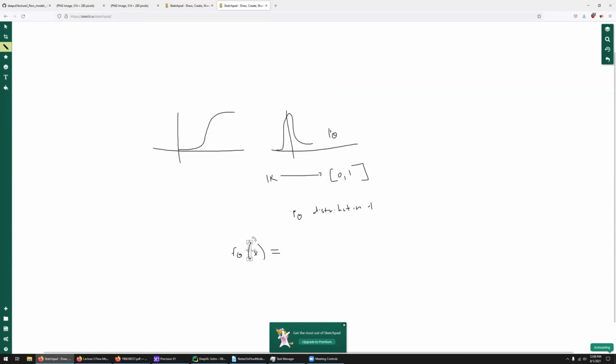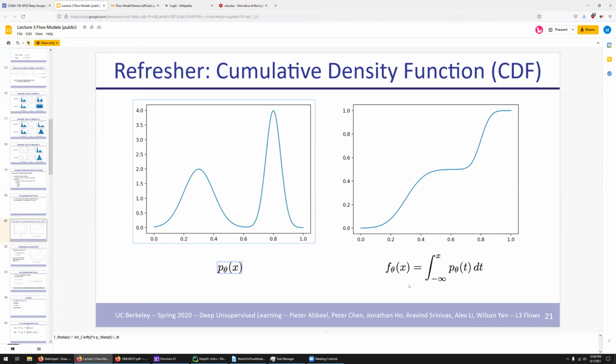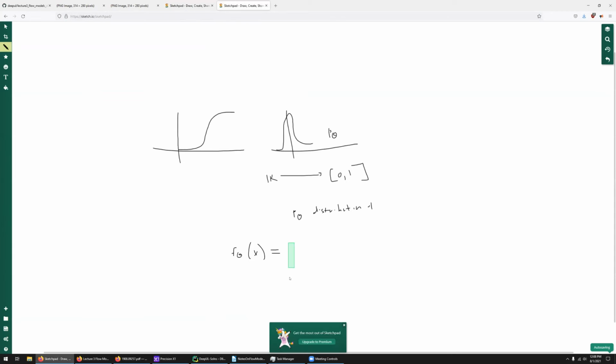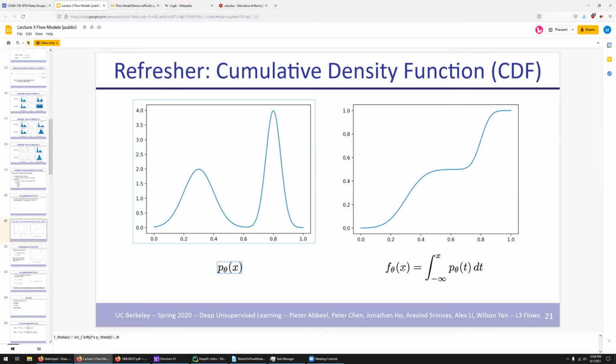Here's the equation for it. It takes the interval from negative infinity to this point in x, and you integrate over this distribution. So this x now becomes an interval from negative infinity until x.